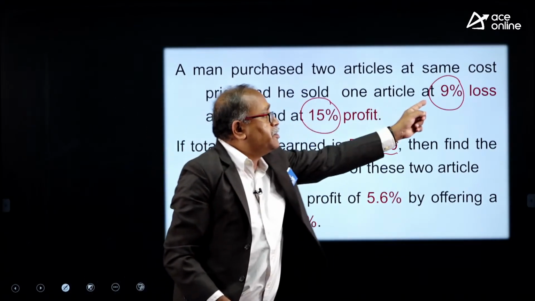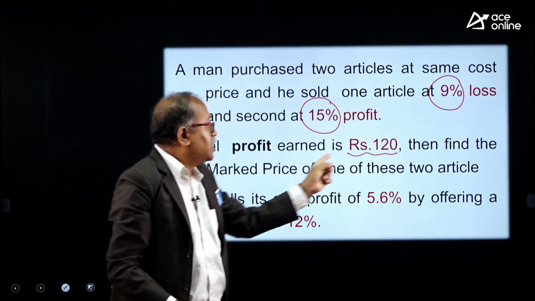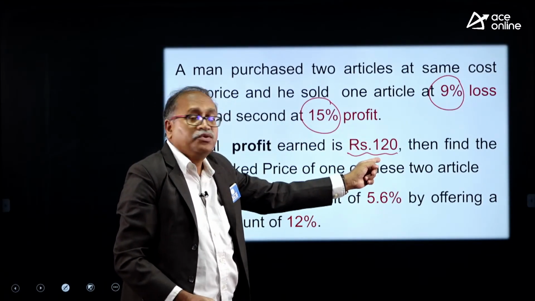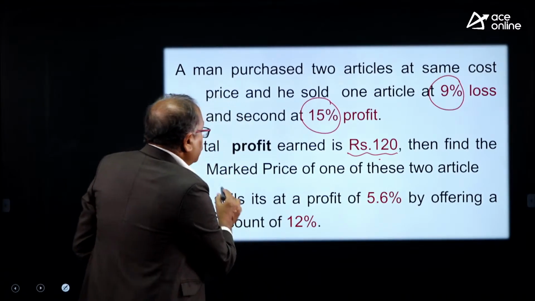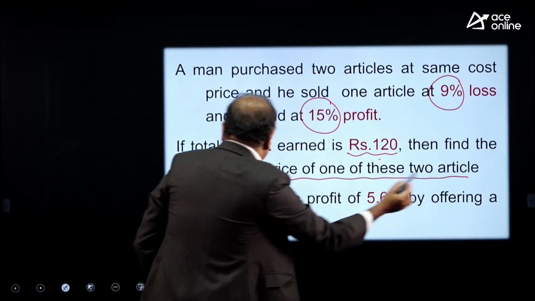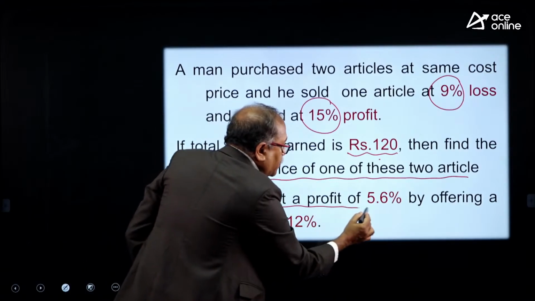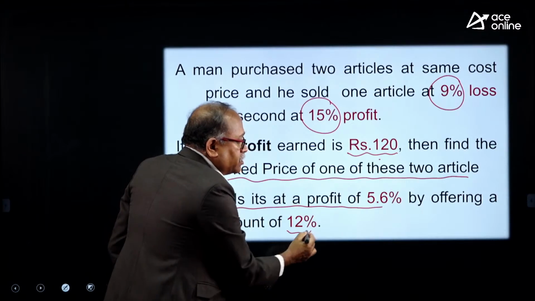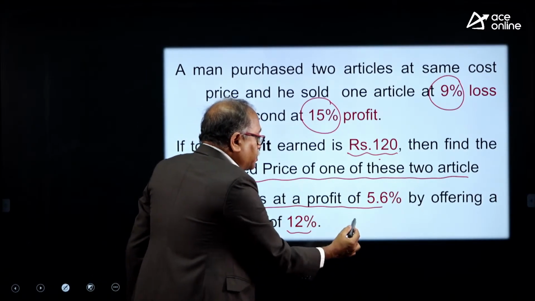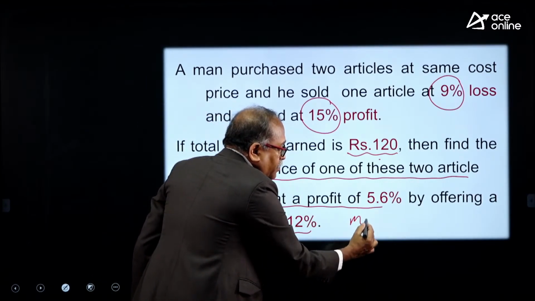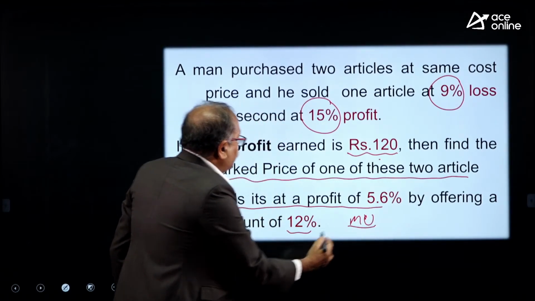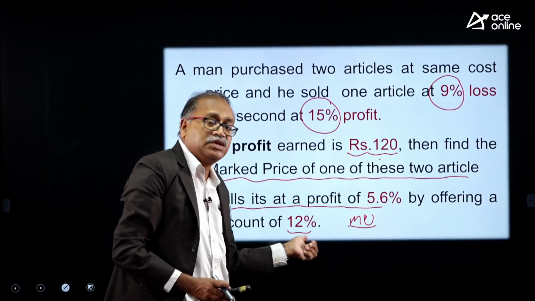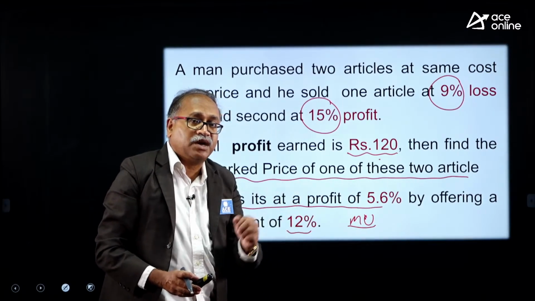If I can get the overall profit percentage, I can connect it with the overall profit, and then find the marked price of one of these two articles if he sells it at a profit of 5.6% by offering a discount of 12%. He is asking for the marked price. Using these two figures, I can find out the markup price.